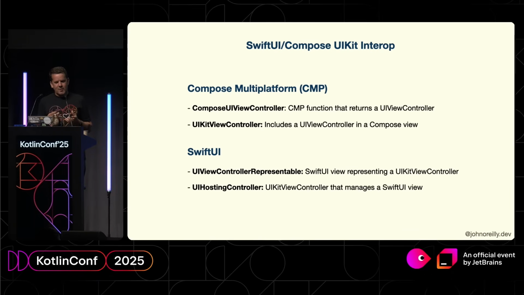For Compose Multiplatform, we have ComposeUIViewController, a CMP function that wraps Compose code as a UIViewController, and UIKitViewController, which supports the reverse, allowing inclusion of a UIViewController in a Compose view. And we have a similar symmetry in SwiftUI with UIViewControllerRepresentable, which allows including a UIViewController in SwiftUI, and UIHostingController for wrapping SwiftUI as a UIViewController.